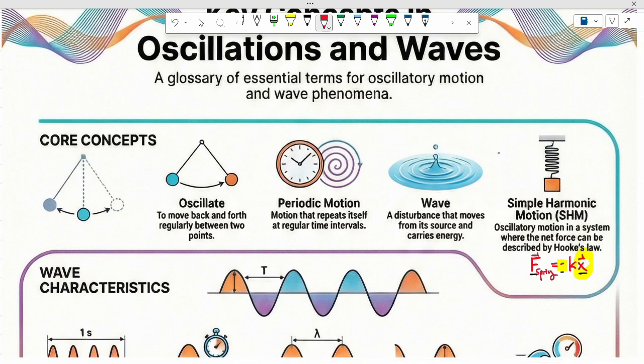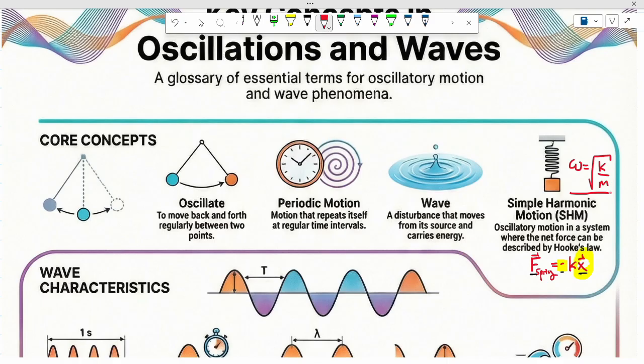The defining feature is called natural frequency. Every simple harmonic oscillator has a natural frequency of oscillation. For a mass on a spring, the natural frequency of oscillation in radians per second is the square root of the spring constant divided by the mass. And what's important here is that it doesn't depend on the amplitude that we are going to talk about soon.